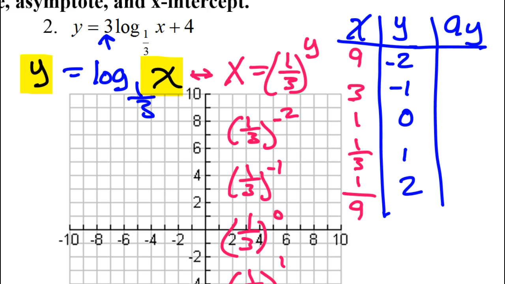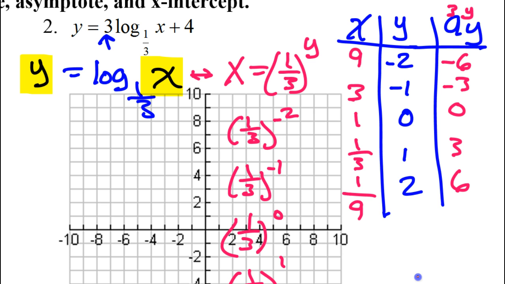Okay? And we need to do a times the y column. So the a value is 3. All right, so I'm doing 3y here. So that's going to make this -6 and -3 and 0 and 3 and 6.